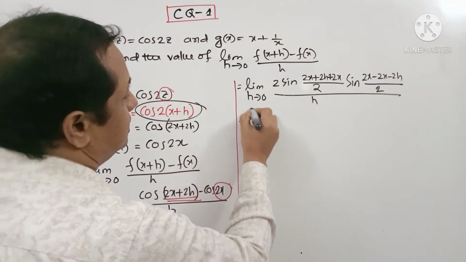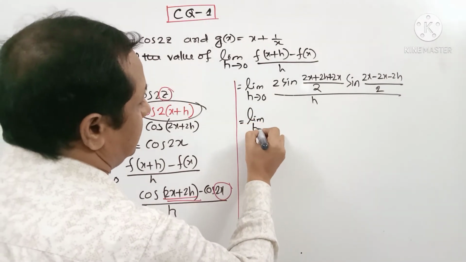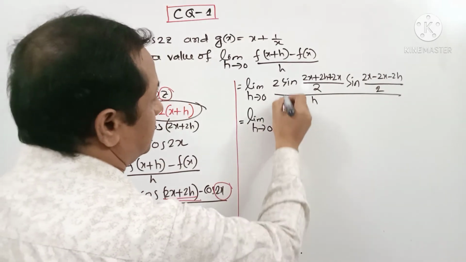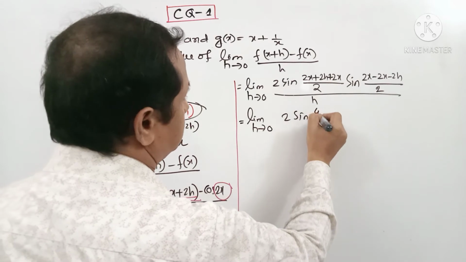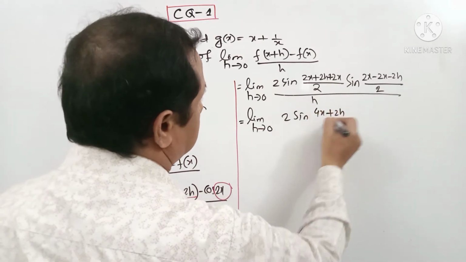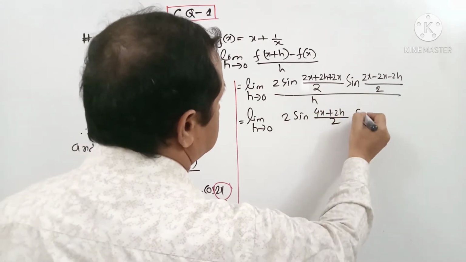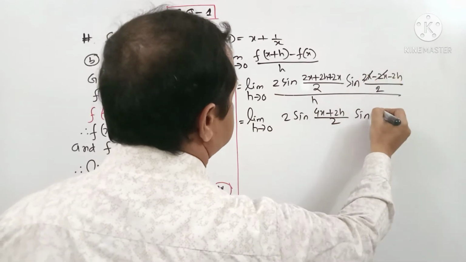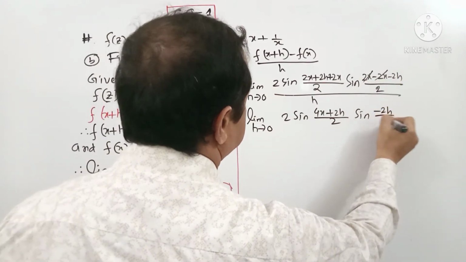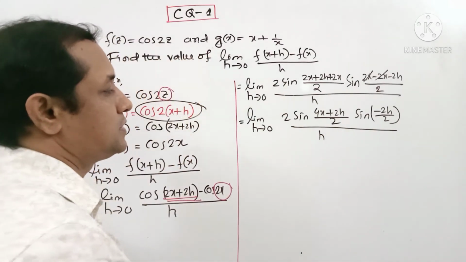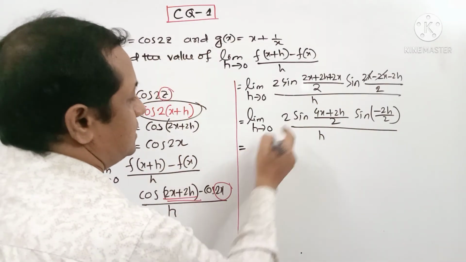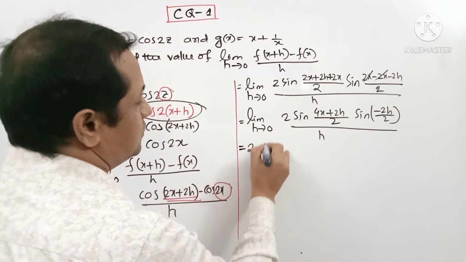So student, here limit h tends to 0 of 2 sin((4x plus 2h)/2), and the 2x cancels, sin of minus 2h by 2, and the denominator is h. So student, take the 2 to the first position.